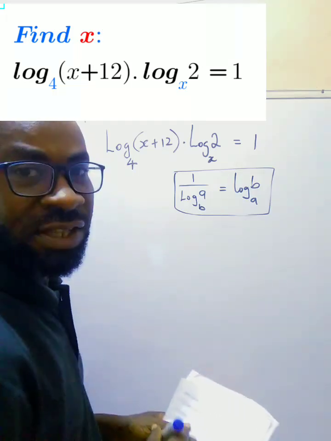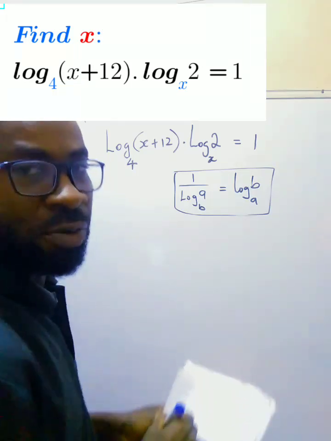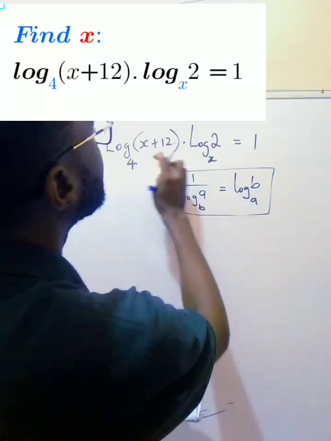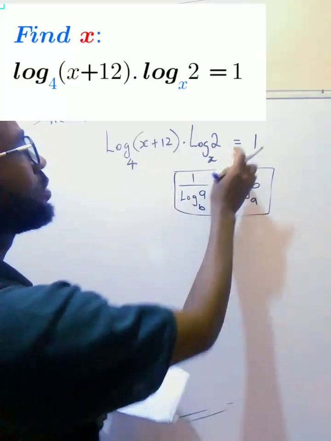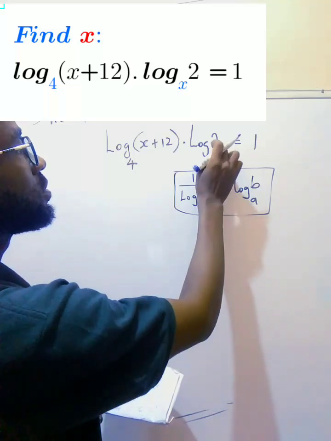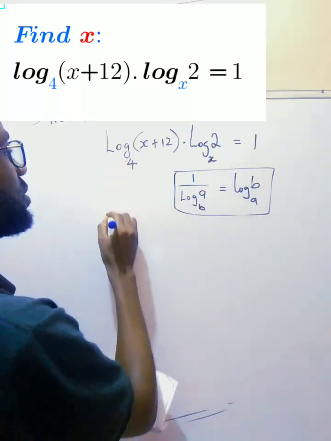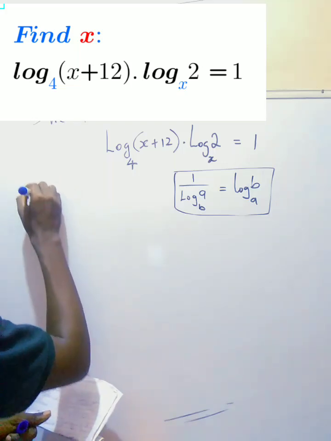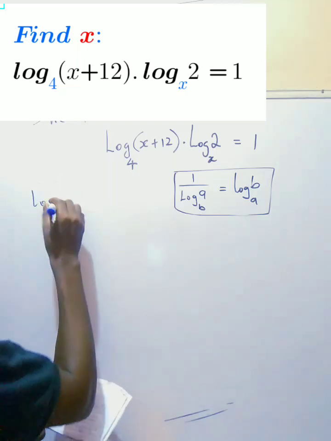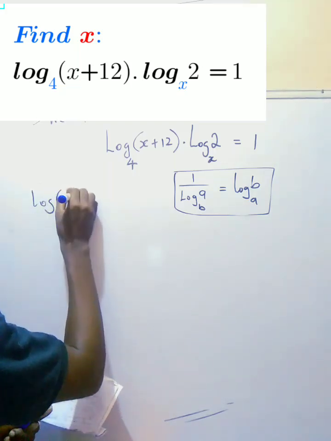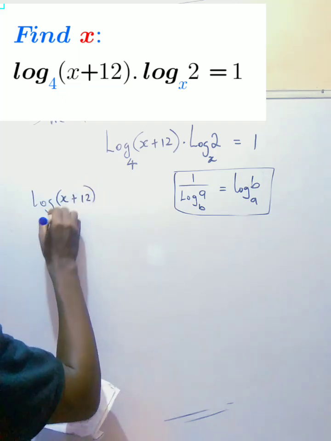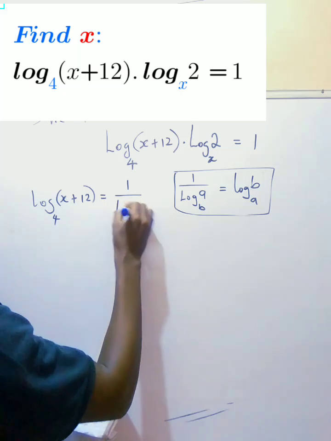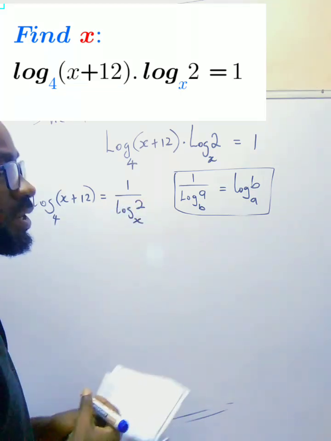And then another identity that we are going to use, I will get back to that later. First of all, let's go. Now, for this, if I divide both sides by log 2 base x, this will give me log x plus 12 base 4 equal to 1 over log 2 base x.